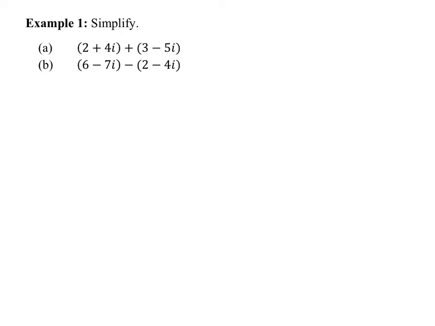In this first one, you have 2 plus 3 gives you 5, and 4i plus negative 5i gives you negative 1i. So part A is really simple. Part B is as well, which is subtraction. When you're combining terms with complex numbers, just combine like terms. For part B, when you see a negative in the middle, a little refresher: switch the signs.